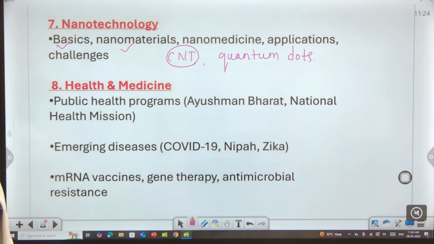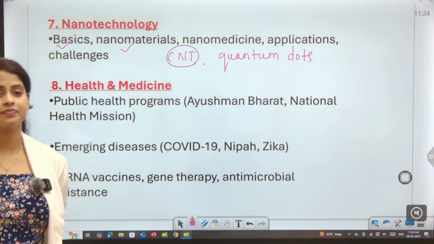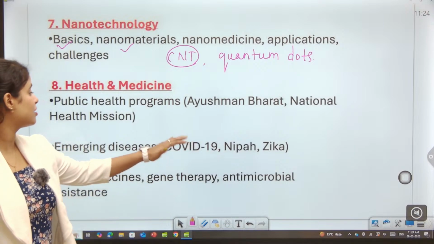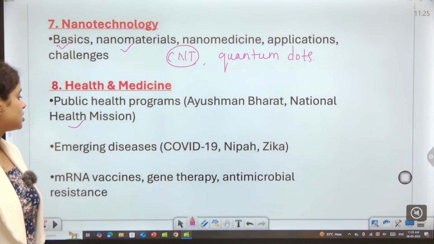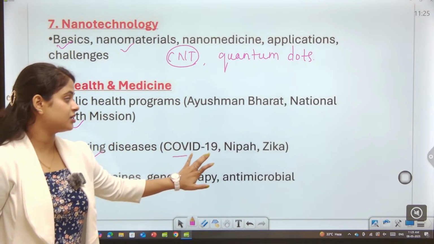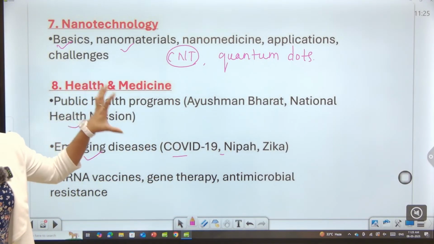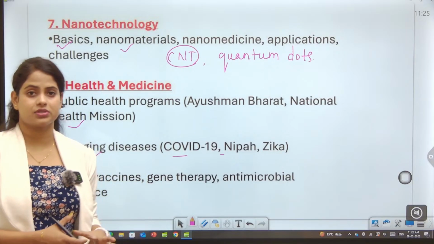If you look at health and medicines, there are public health programs like Ayushman Bharat, the National Health Mission, and emerging diseases like COVID-19, Nipah and the Zika virus. Guys, these depend totally on current affairs.